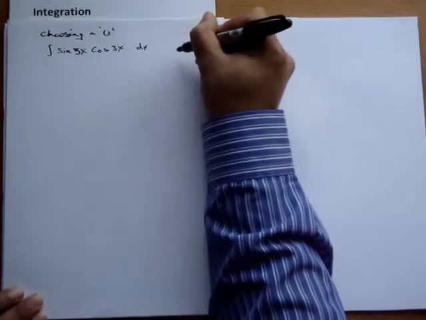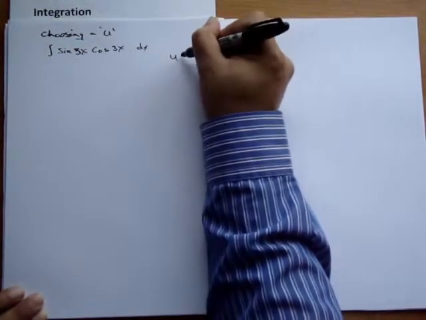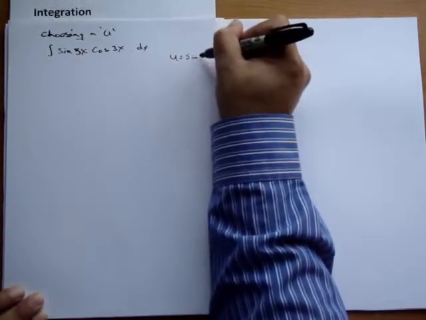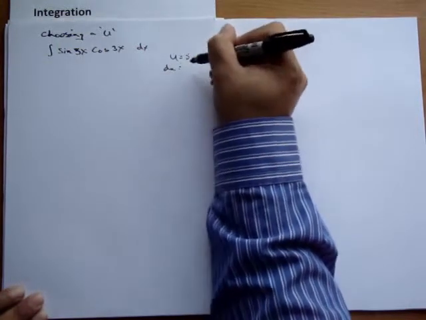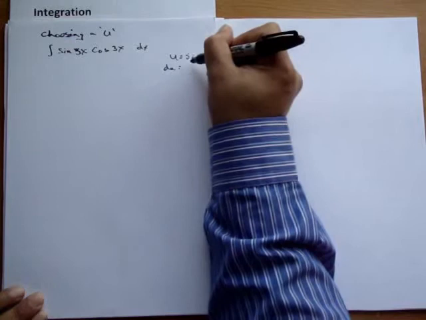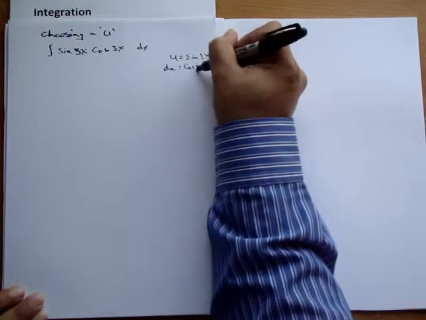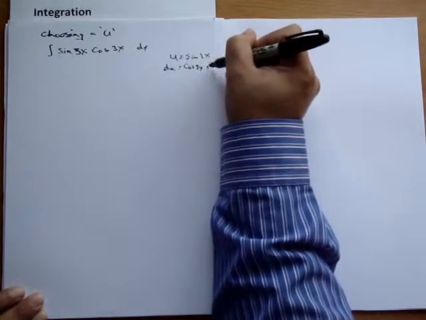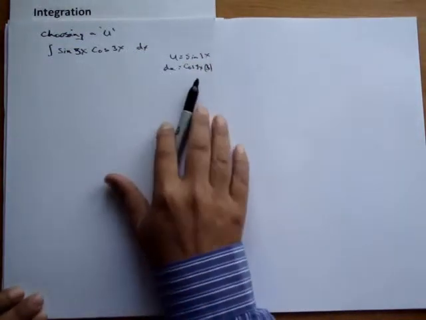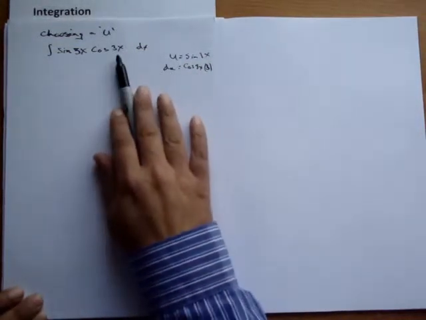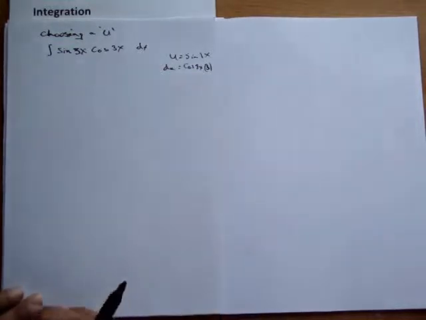So in the first case, let's use u as sine 3x, and our du then becomes, differentiating that, cos 3x multiplied by 3. So we can see that the cos 3x appears in our original integrand, so we can use this substitution.